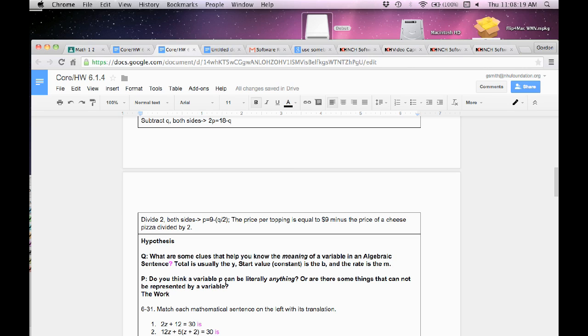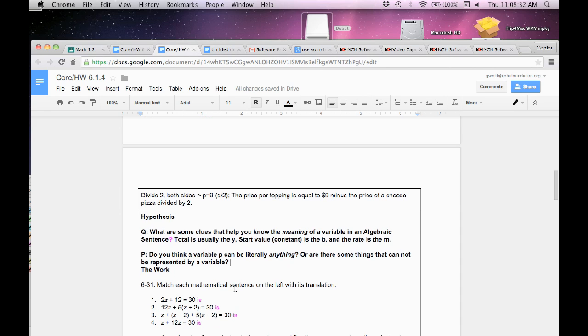Okay. Do you think a variable p can be literally anything, or are there some things that cannot be represented by a variable? That's kind of a wide open question. Can a variable be literally anything?